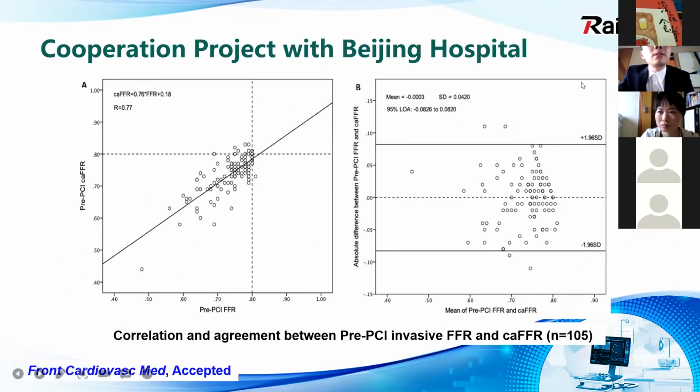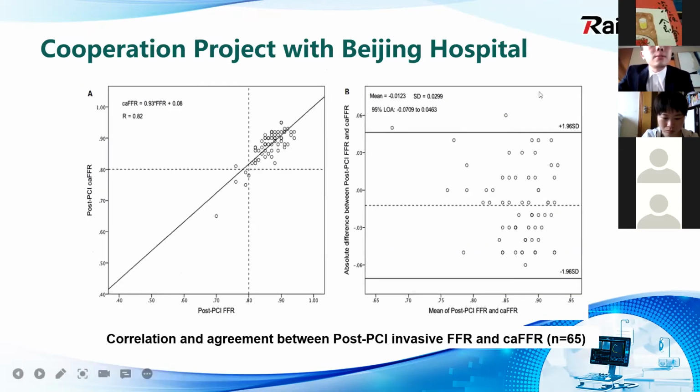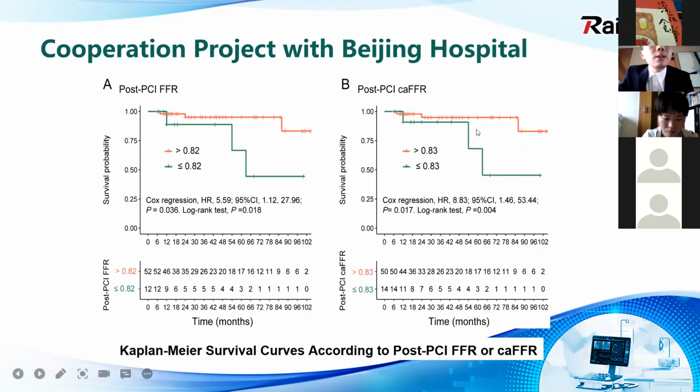This is another study, which is in cooperation with Beijing Hospital. This one shows the correlation and agreement between pre-PCI invasive FFR and caFFR. This one is the same as the last one. This is the Kaplan-Meier survival curves according to the post-PCI FFR and caFFR.